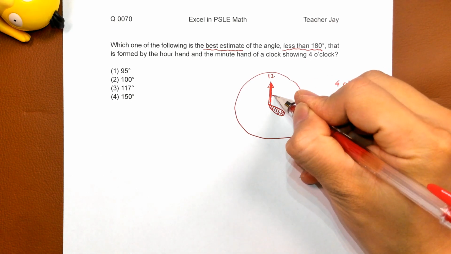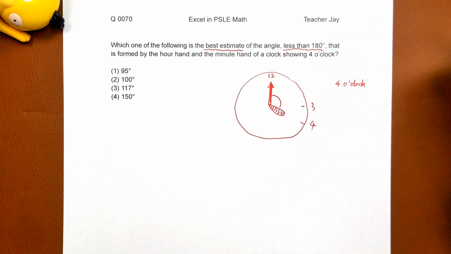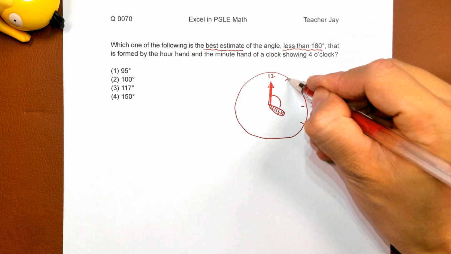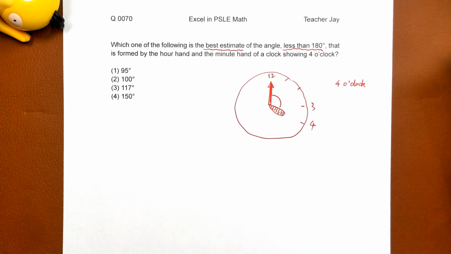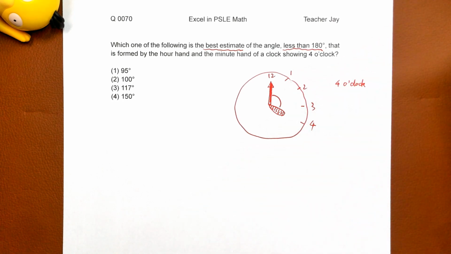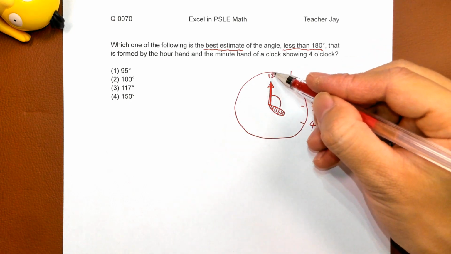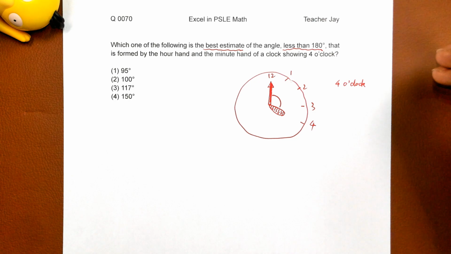And the angle here is less than 180 degrees, but the clock face can be divided equally into how many portions? 12，是不是啊？因为 from 1, 2, 3这么绕过来，一共是12份，12 equal portions.